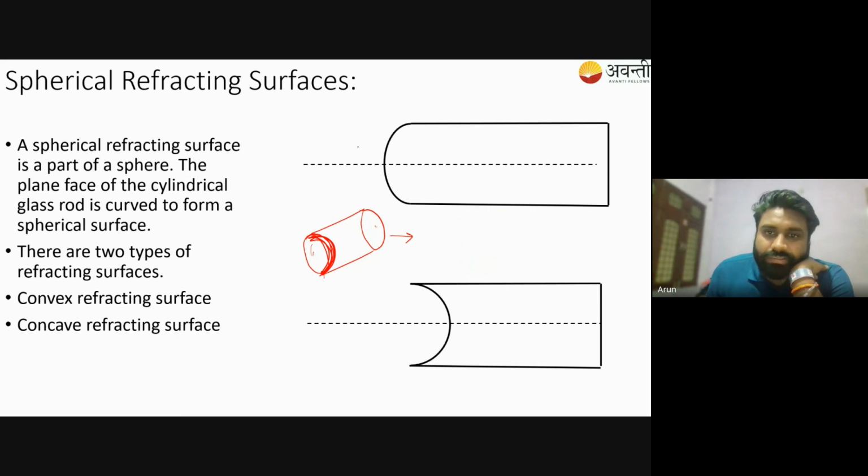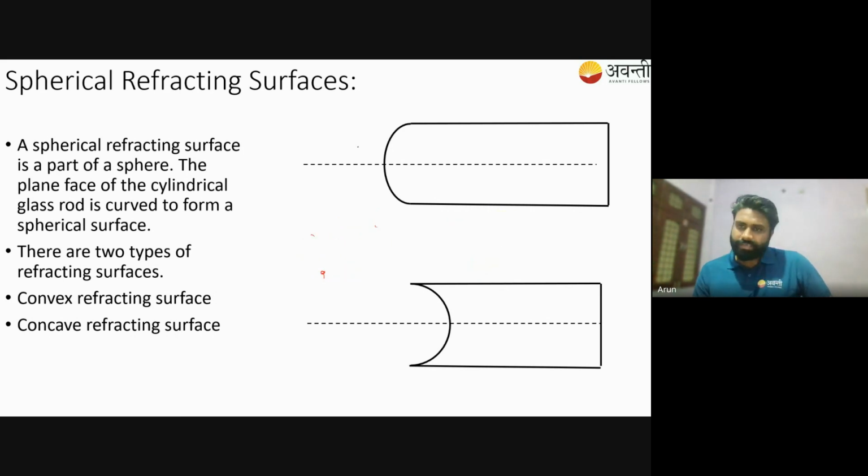So this is the refracting surface. This refracting surface is nothing but a part of a sphere, like a mirror. Mirror is also part of a sphere. So this refracting surface is also a part of a sphere. It is similar to that.